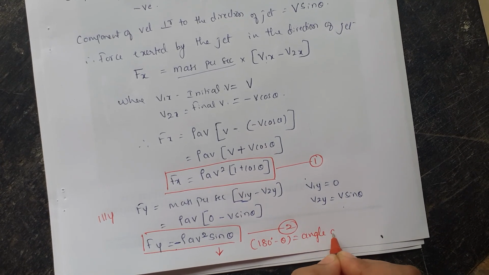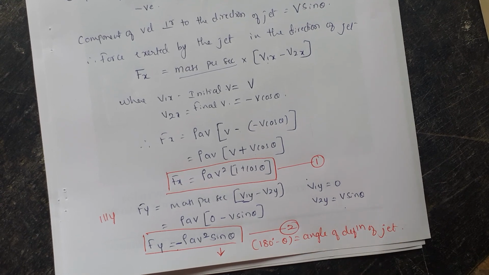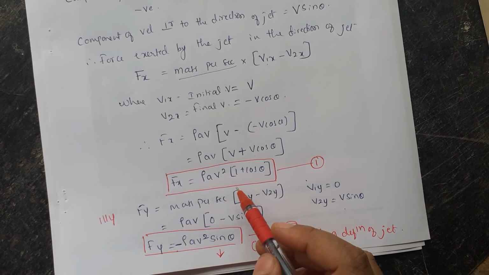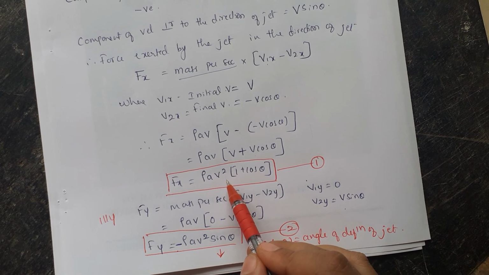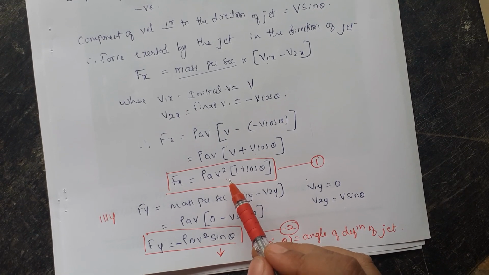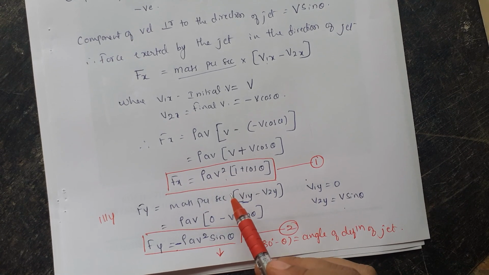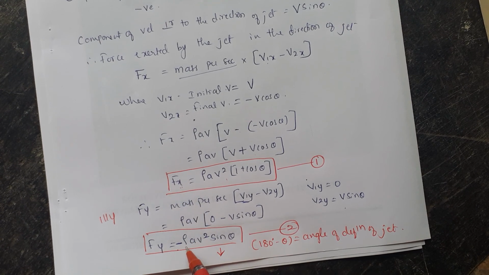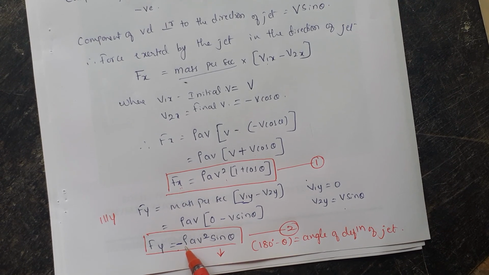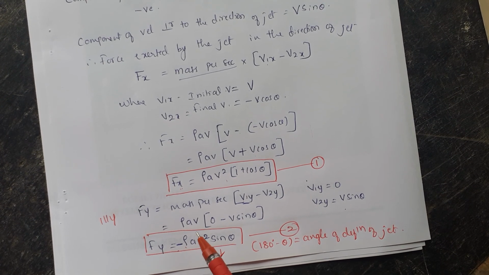That is the angle of deflection of the jet. So this is how you need to derive the expression for the force exerted by the jet when the jet strikes the curved plate at the center. Fx is the force in the direction of jet and Fy is the force in the direction perpendicular to the direction of the jet.